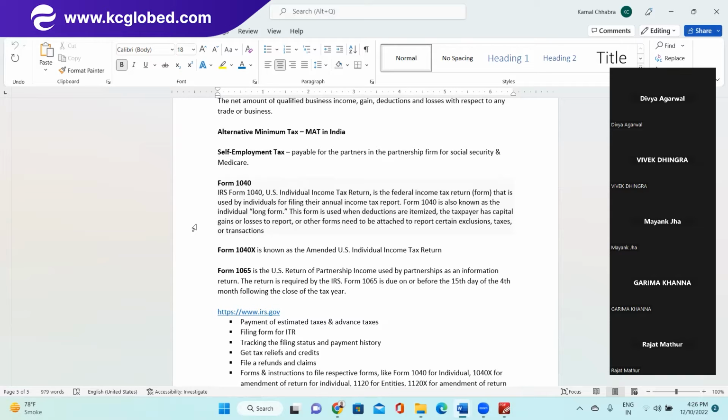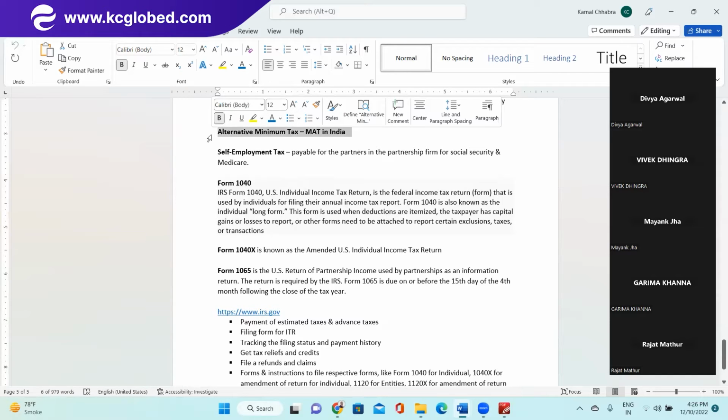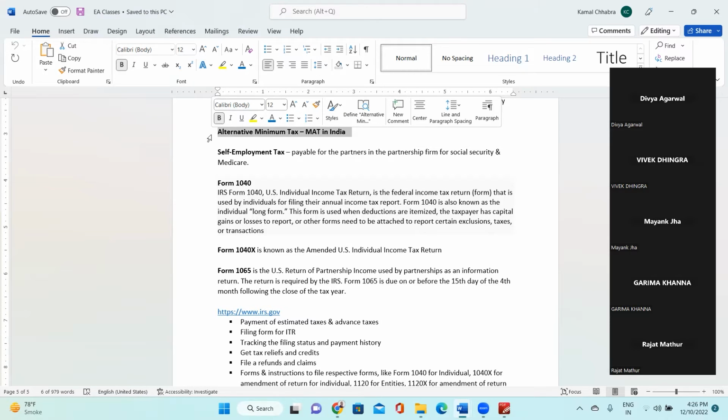Vivek, Divya, Mayank, Garima, Rajat, do you remember this topic we touched base on in the last class? No. Yes. Why no, Rajat? Not able to recollect at the moment.